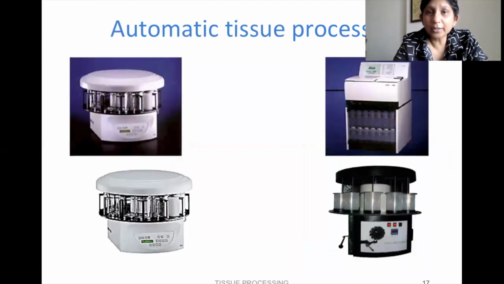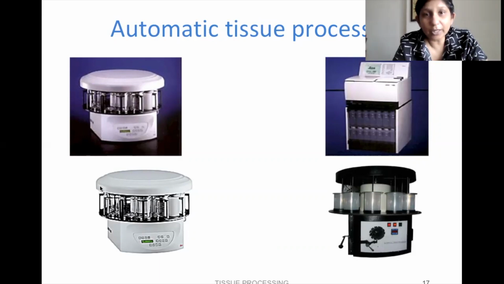So the tissue processing can be done manually, or you can do it in an automatic tissue processor. The automatic tissue processors are basically time controlled machines. You can put it for a 24-hour cycle or a 12-hour cycle, depending upon what your speed of tissue processing has to be. So each of these glass beakers that you can see, one will contain your dehydrating agents in increasing grades of alcohol.